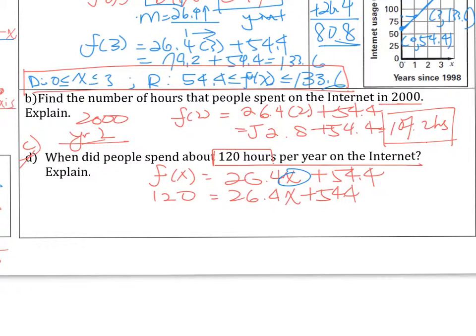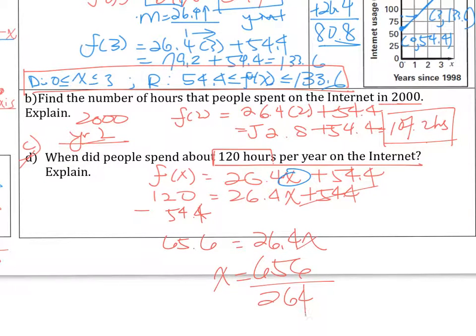And we can take the inverse of 54.4 and subtract it from both sides. So this goes out. And 120 subtract 54.4, we get 65.6 equal to 26.4x. x equals 656 over 264. And after you simplify this, you should get somewhere around 2.5.